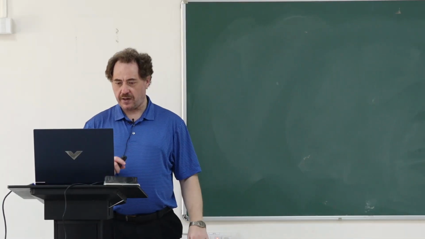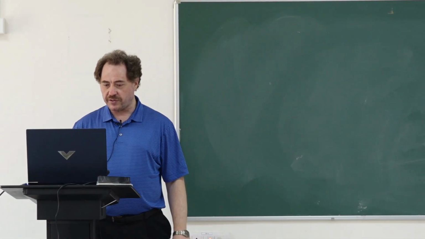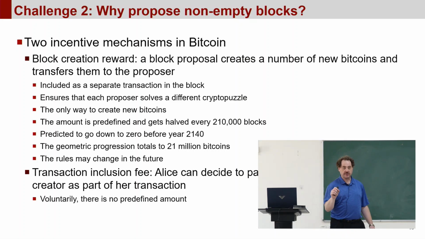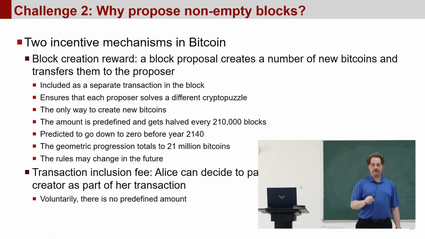The second incentive mechanism is called transaction inclusion fee, in which Alice can decide to pay a small fee to the block creator as part of her transaction. This is very different from block creation reward. It's voluntary. There is no fixed and predefined amount. It's at the discretion of Alice.